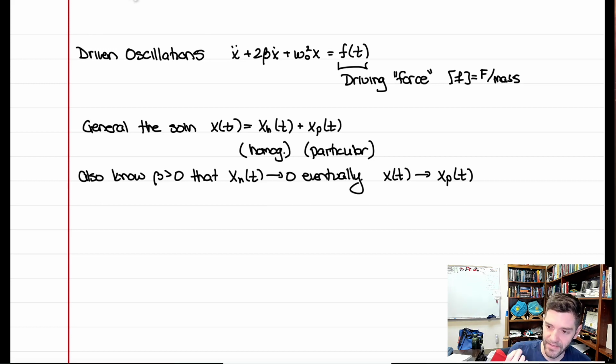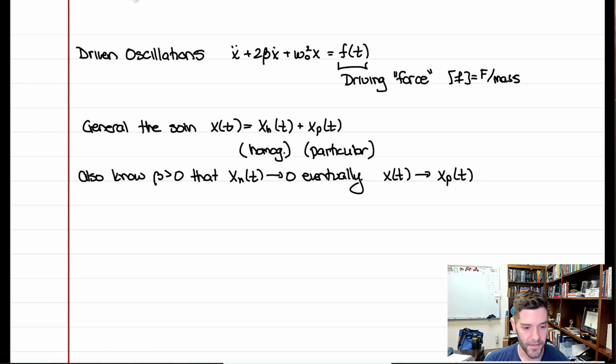Even in the cases where beta goes to 0, you can imagine that the driving force could potentially lead to things going unstable. Think of resonance, which we'll get to towards the end of this lecture. Right? You can imagine pushing the kid on the swing so much that they start to go around 360 degrees. That would be an unstable solution. Probably not very good for the kid either.